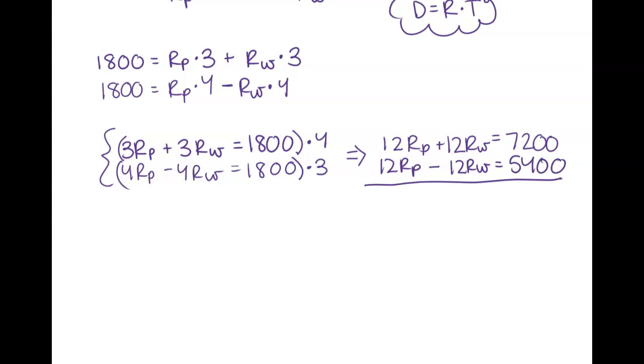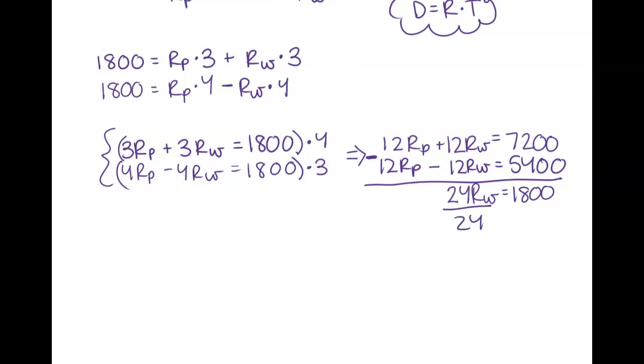So at this point, I just want to make one of the variables go away. I could either add, and then the RWs would go away, or I could subtract and the RPs would go away. I'm going to subtract. I'll just write it over here so I remember what I'm doing. 12 RP minus 12 RP is 0. 12 RW minus a negative 12 RW is like 12 plus 12, so 24 times the rate of the wind. 7,200 minus 5,400 is 1,800.